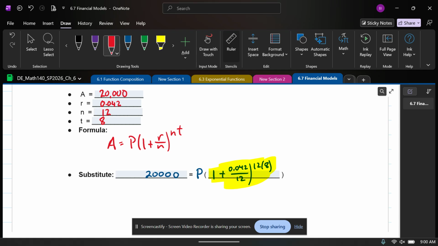So we're going to divide by the 1 plus 0.042 over 12 to the 12 times 8, which is 96. So we're dividing by that.